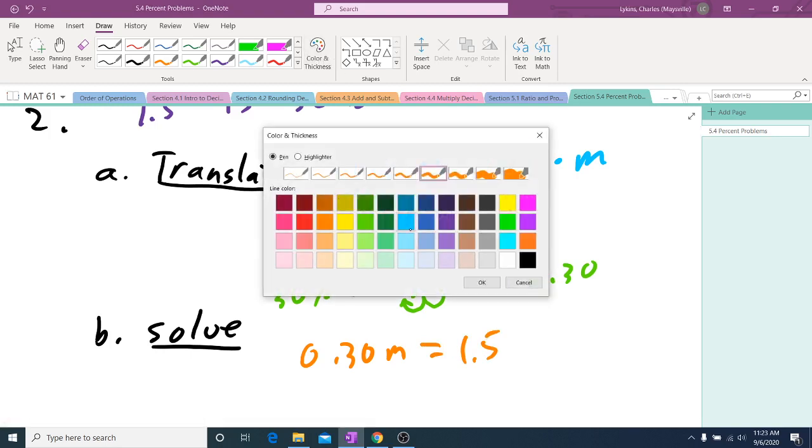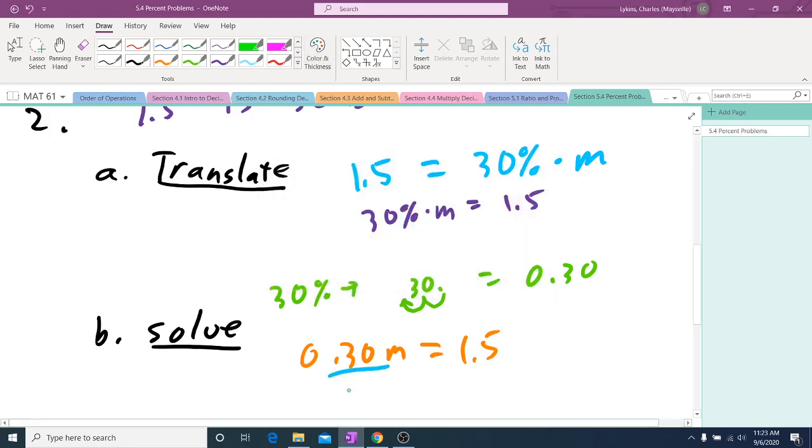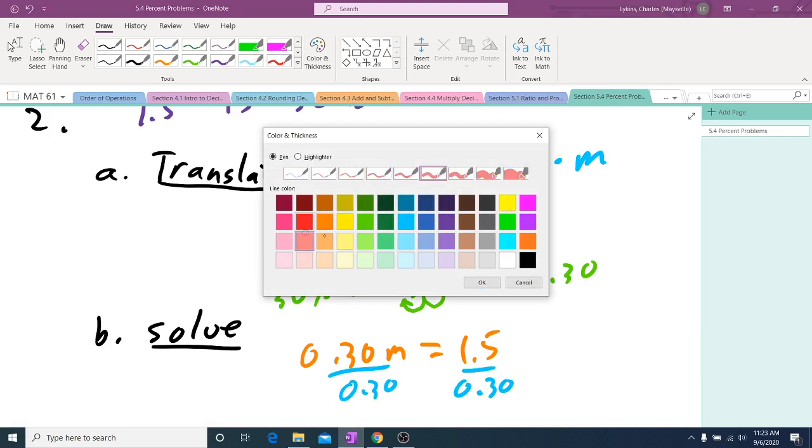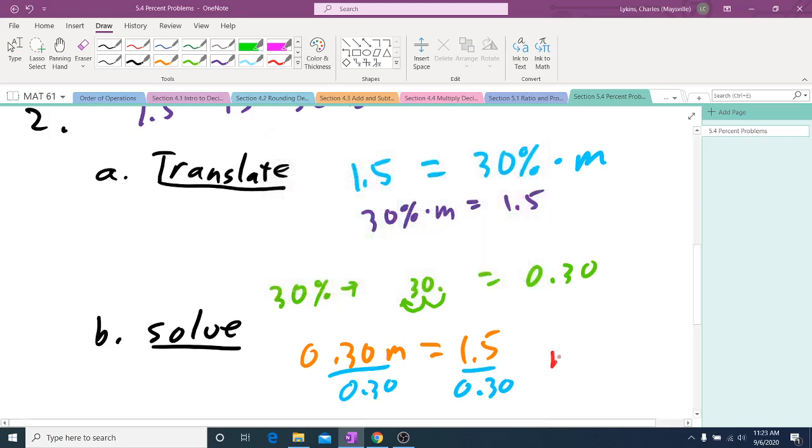Then all you have to do is divide by 0.30, and when you put this in your calculator, M should give you 5.